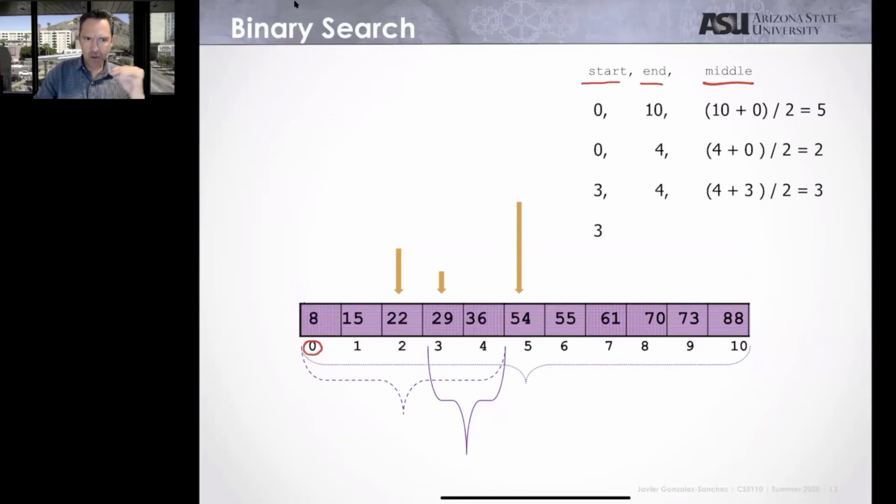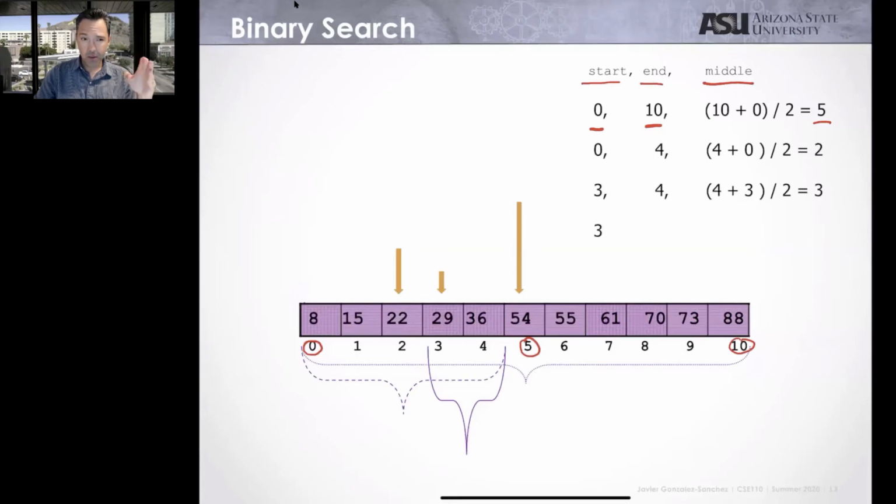The end point was the last element in the array. So 0 and 10, we were searching in the full array, and we calculate a middle point, and our middle point was 5. So first one, last one, and the middle point.